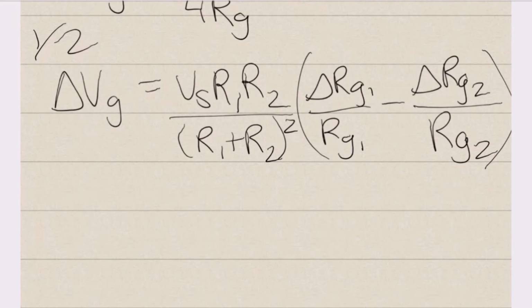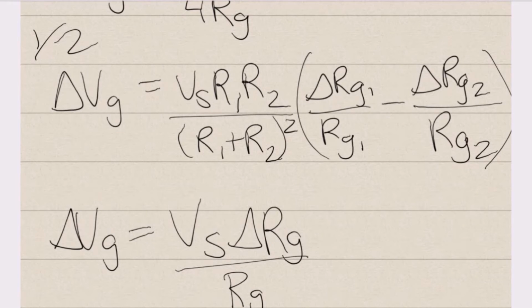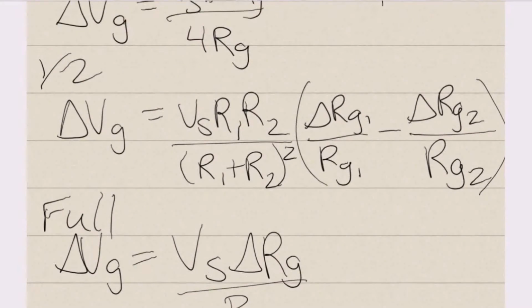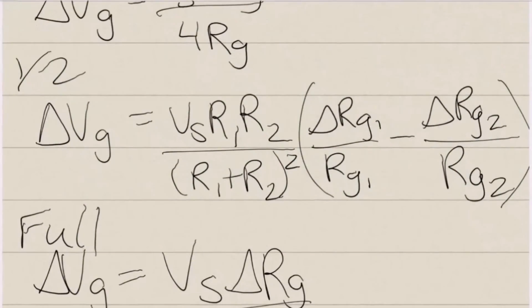Now for a full bridge, delta VG equals Vs delta RG over RG. So there we have our equations for delta VG in the 3 different configurations of Wheatstone bridges.